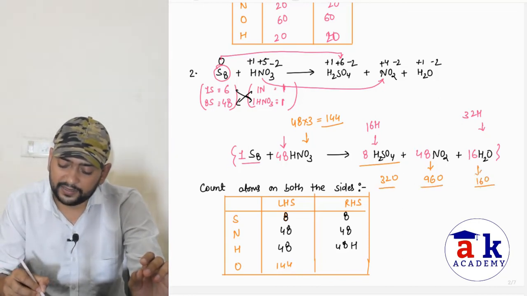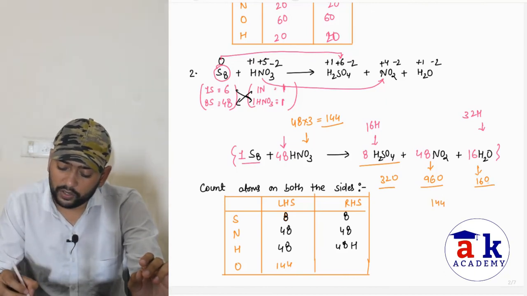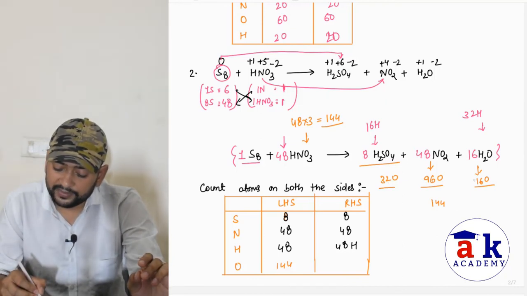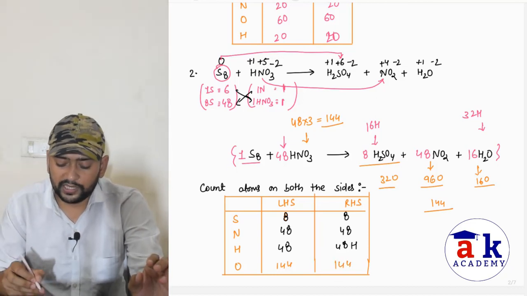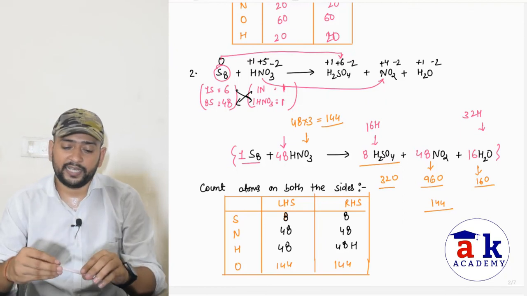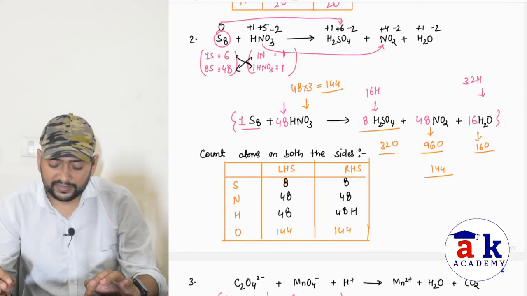If you add these numbers, this will again become 144. So total sulfur, nitrogen, hydrogen, oxygen, all the atoms are equal on left hand side and right hand side. I hope this is clear to you.